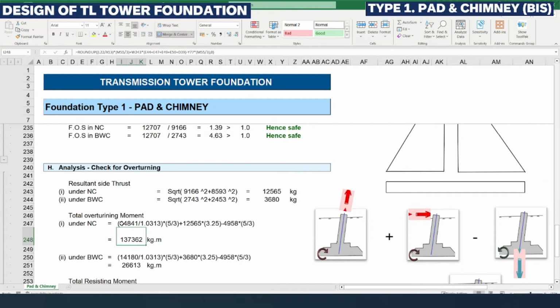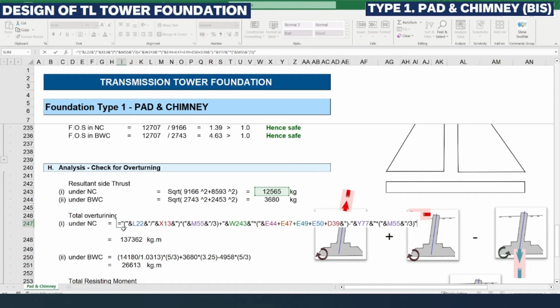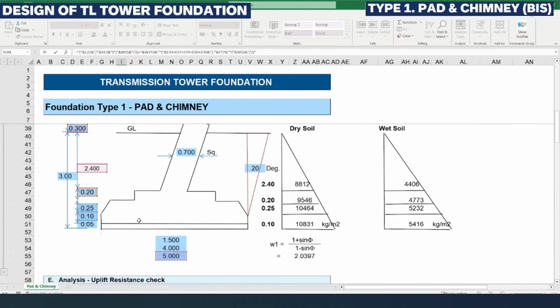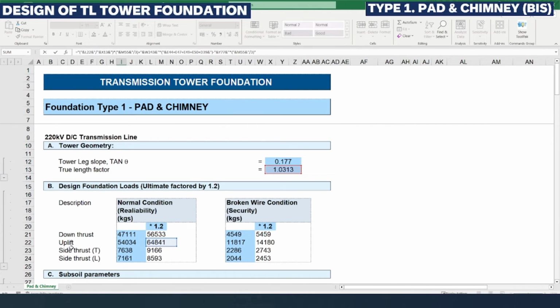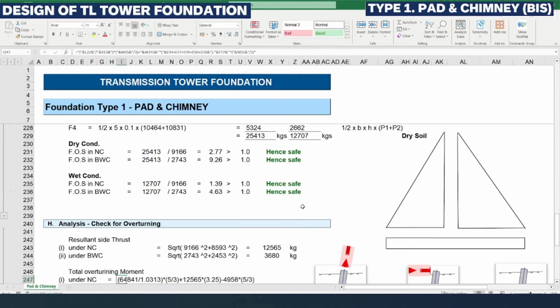So here is the calculation detail. This 64841 is the uplift force from the structure. Divided by the true length, that will give you the verticality of the force, so 1.0313.